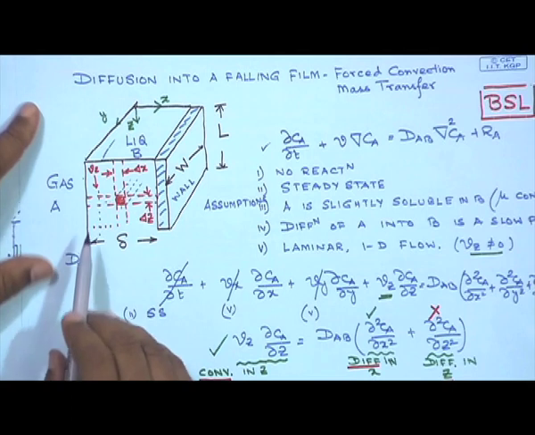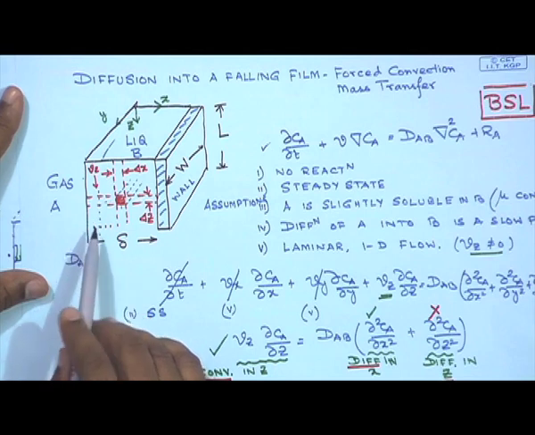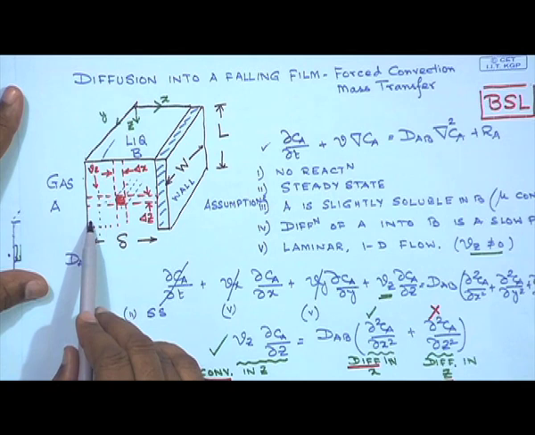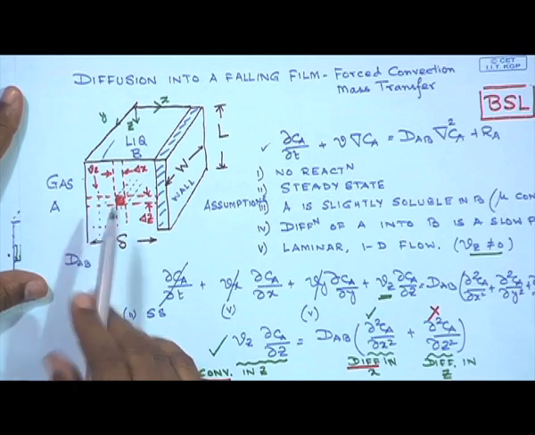What you would expect is that for the diffusing A molecule, it is as if the entire film is moving with Vmax. Coming back to this picture once again, if the A molecule cannot penetrate far into the falling film, then for all the A molecules which have gone into the liquid B, it would seem that there is no variation in the velocity of the falling film.